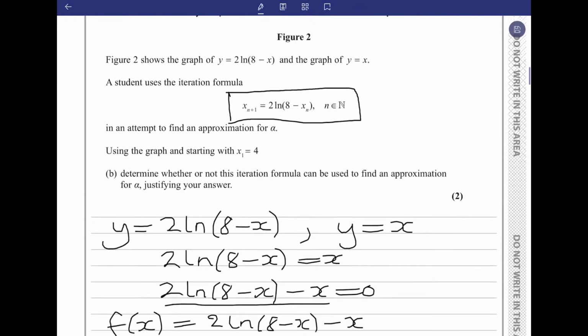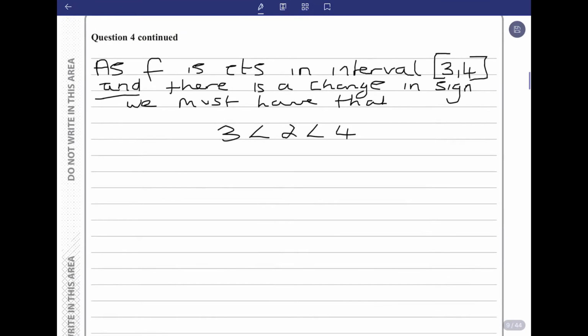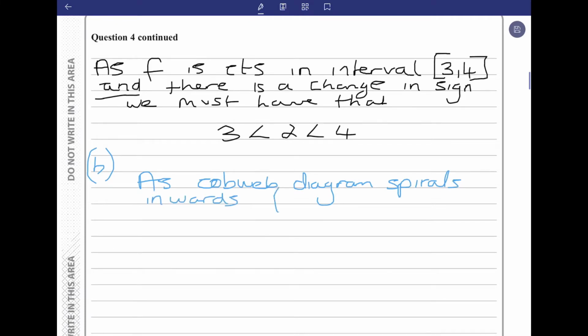And therefore, because of this, you probably write something like this. As the cobweb diagram spirals inwards, it converges to alpha.